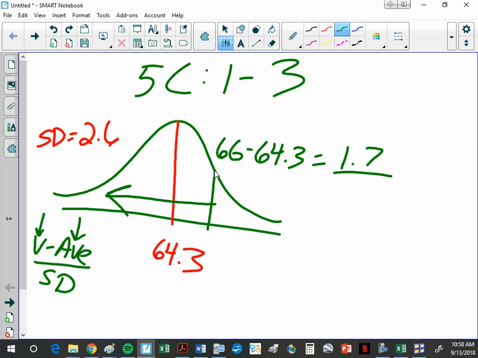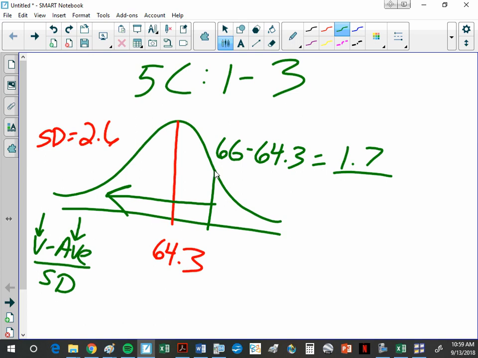What does that number tell me? I want to know how many people are 1.7 inches taller than average and below. So that's my cutoff. Anyone that is 1.7 inches taller than average, I want to add all of them up from the low end all the way up to that plus 1.7.